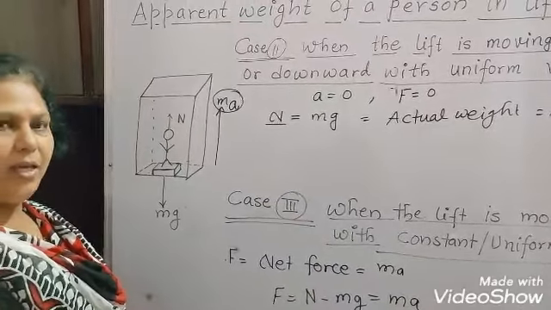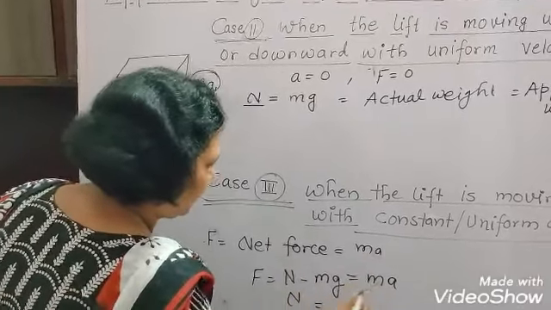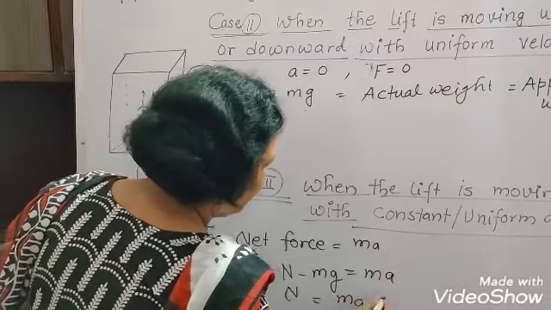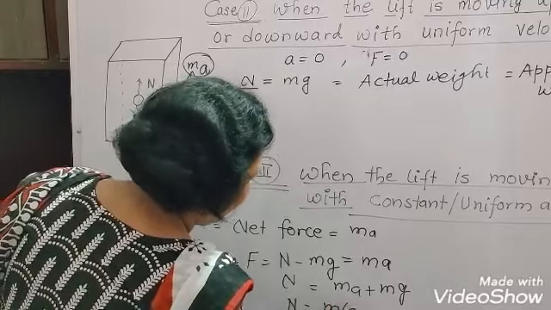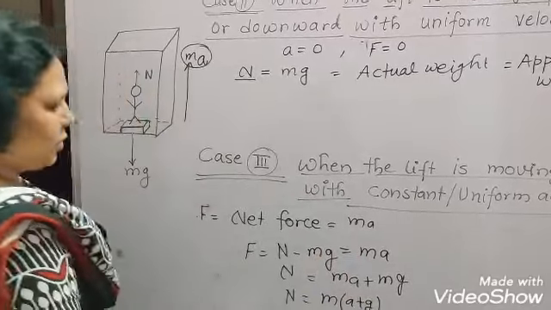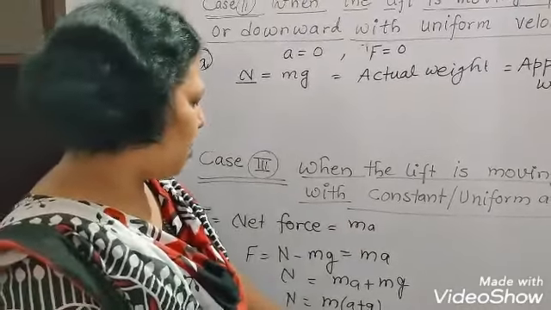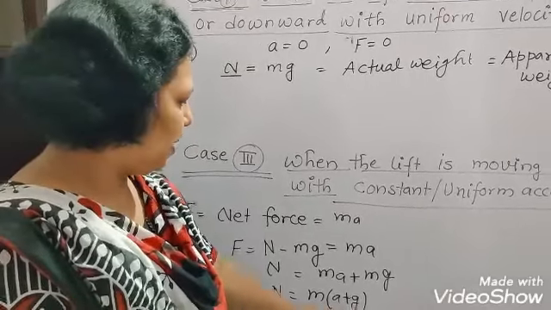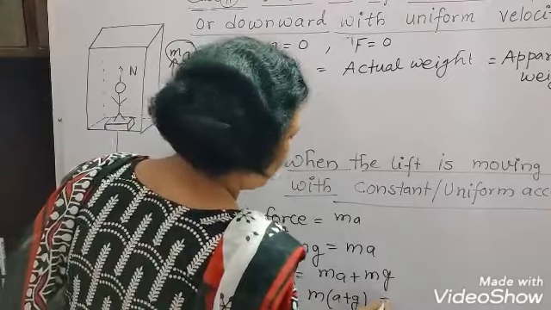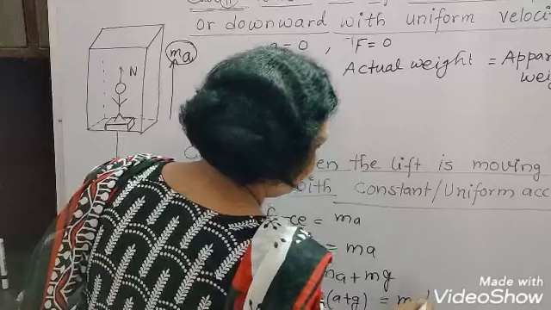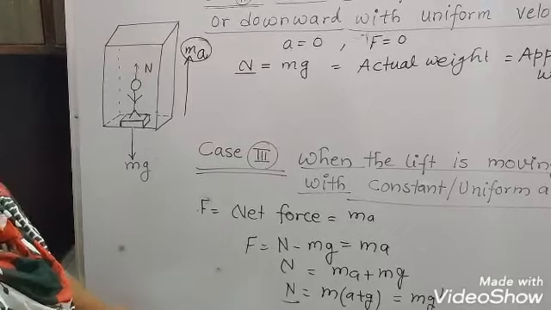So what will be N? The normal reaction N is equal to ma, and minus mg will go to the other side and become plus mg. So N is equal to m(a + g). That means this normal reaction is equal to the sum of the net force plus the actual weight of the person, and that will be equal to the apparent weight, mg dash, as we have described before.